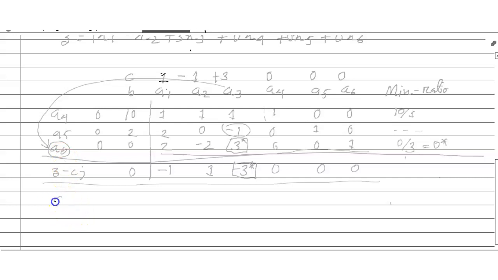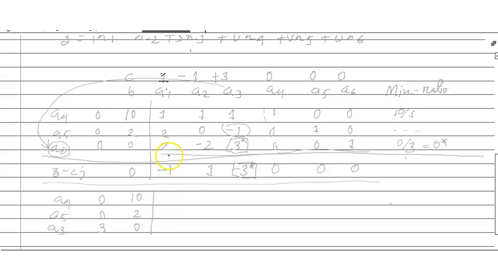So the basis is A4, A5 and A3, with costs 0, 0, 3. B is 10, 2 and 0.